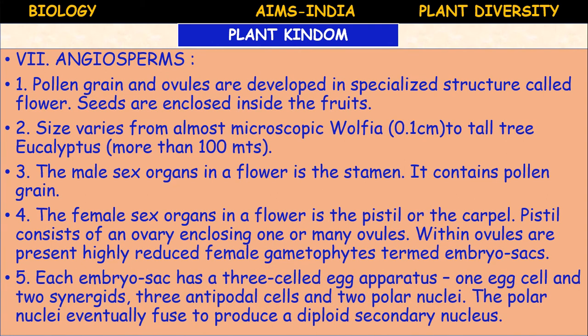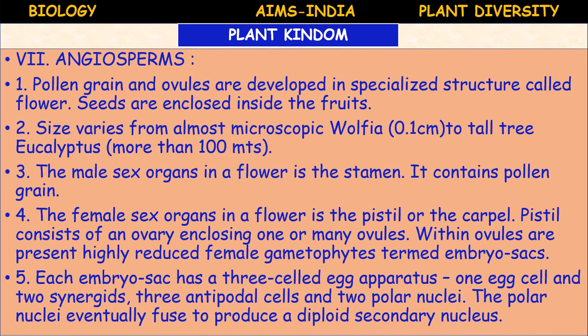Each embryo sac has a 3-celled egg apparatus, consisting of 1 egg cell and 2 synergids, and 3 antipodal cells and 2 polar nuclei. The polar nuclei eventually fuse to produce a diploid secondary nucleus, which gives rise to the endosperm. The production of the embryo sac is a characteristic feature of angiosperms.